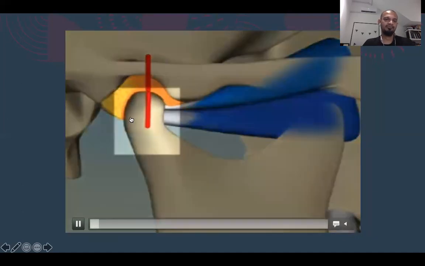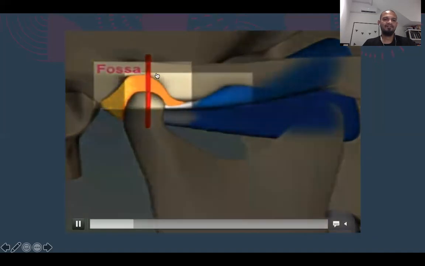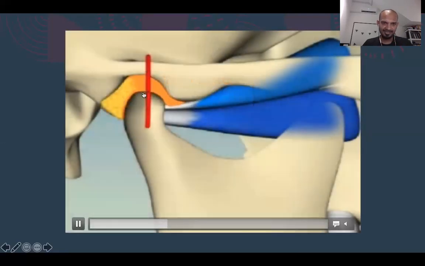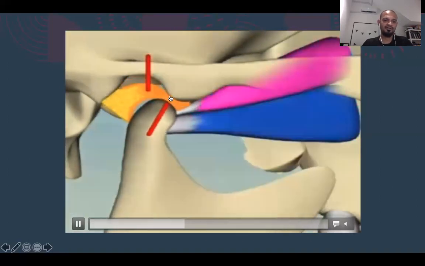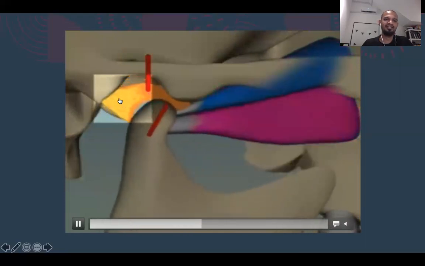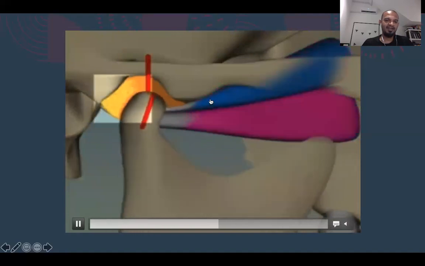And we can see that during movement, the disc will track along with the condyle, and posteriorly the bilaminar zone fills the void when the disc tracks anteriorly. And you can see that the superior head stabilizes the disc while the inferior head moves the condyle forward.